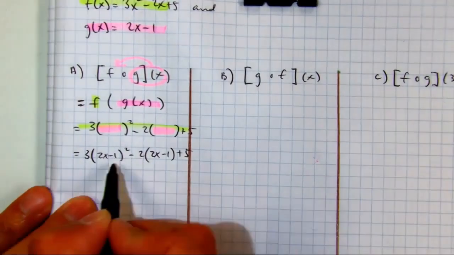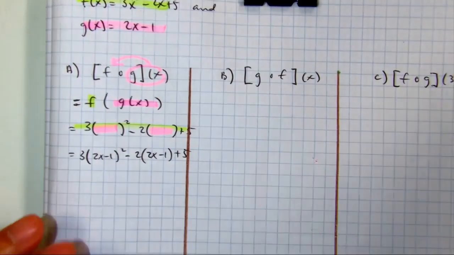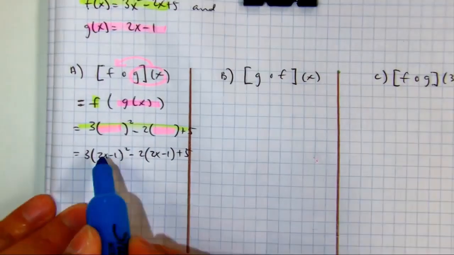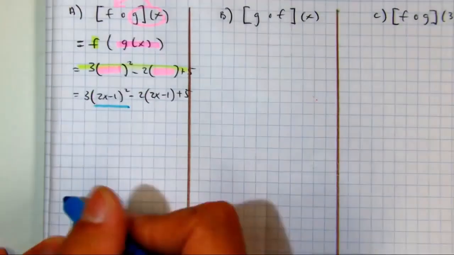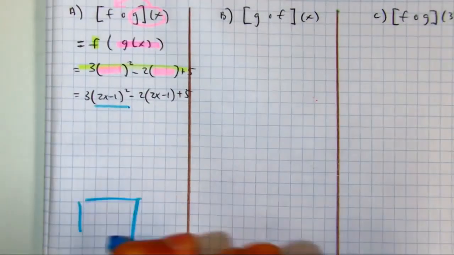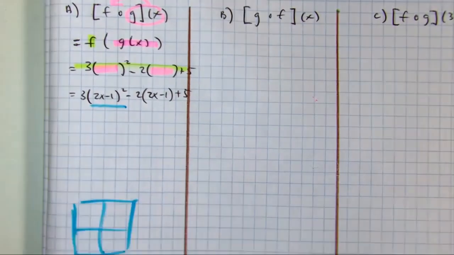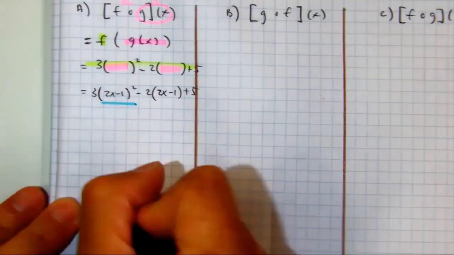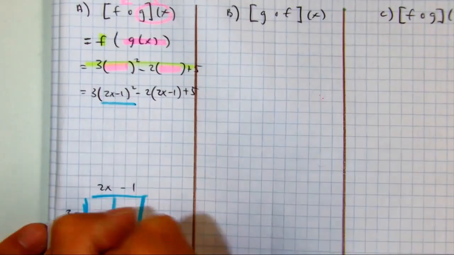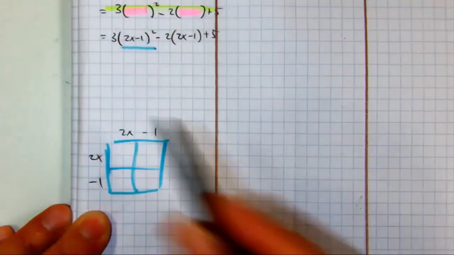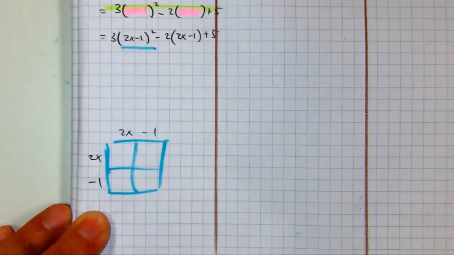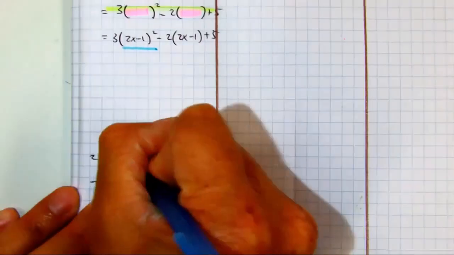Now we need to expand this, so I can color code this. 2x minus 1 squared is your FOIL. I don't use FOIL, I use a box. So you have two of those expressions, 2x minus 1 times 2x minus 1. Class, 2x times 2x is 4x squared. Multiply.